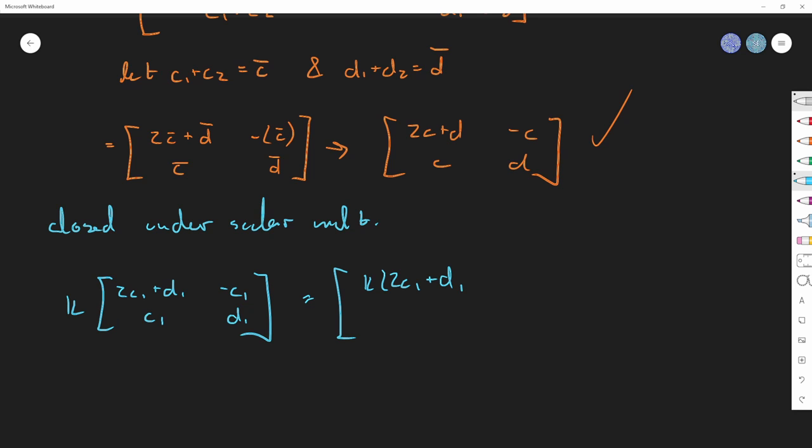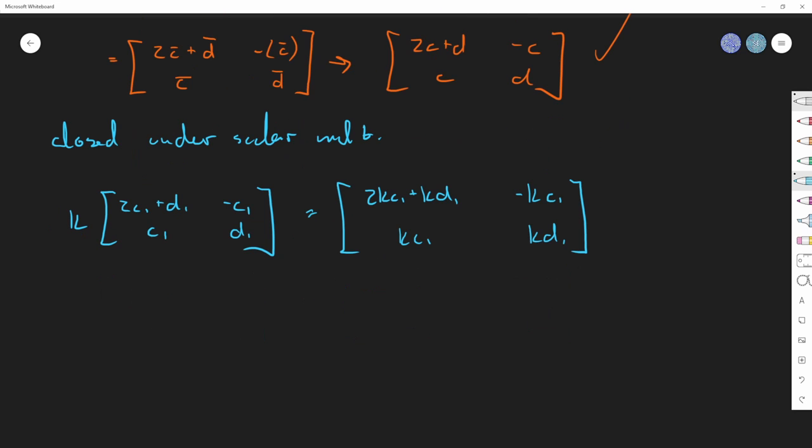Actually, I'm going to put it all in: 2KC1 plus KD1, KC1, negative KC1, and then KD1.